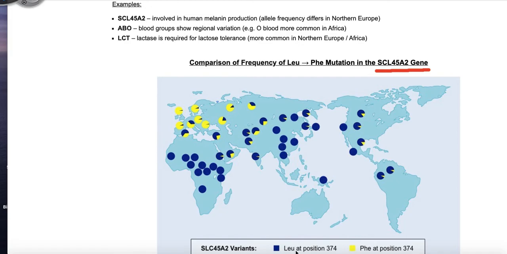So for example here, you have some variants, right? So in the blue ones, you have leucine at position 374 of that particular gene. And in this population, you have a mutation, and you have phenylalanine at position 374 of that particular gene. So that means that the allele frequency is going to be different in this population, and that's going to have some phenotypic effect in that particular type of melanin production for that one particular gene.